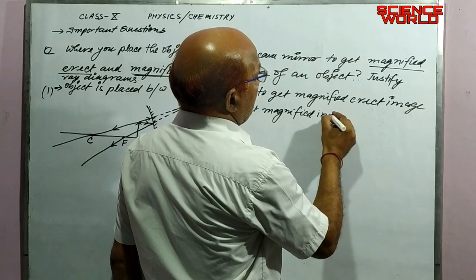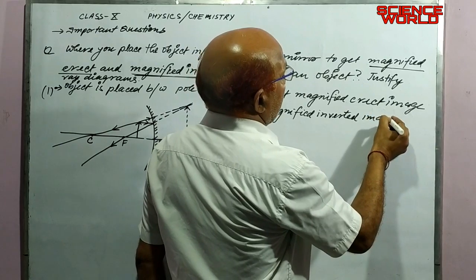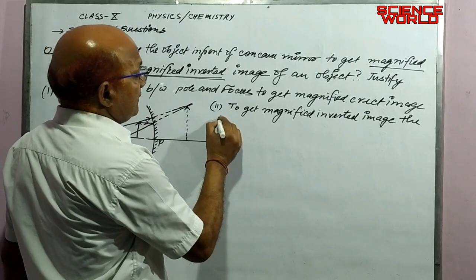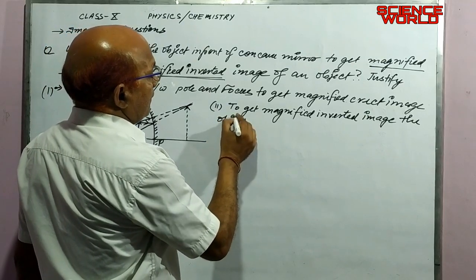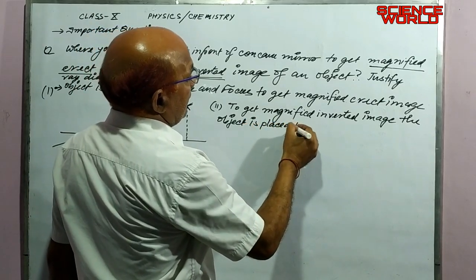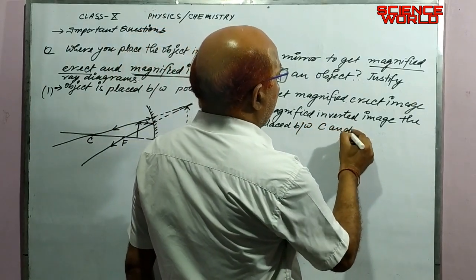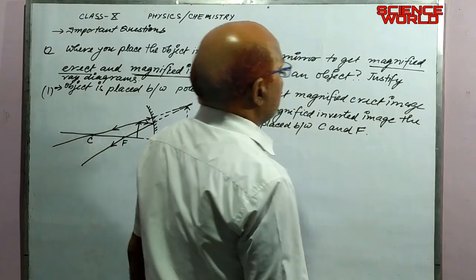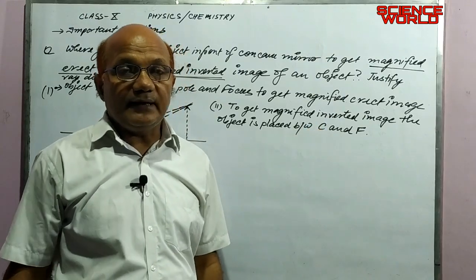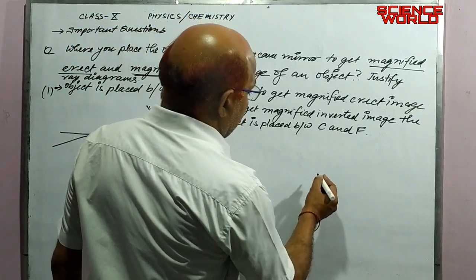The object is placed between center of curvature and focus. So when you place the object between center of curvature and focus, you will get magnified inverted image of the object. So let us see with the help of ray diagram.